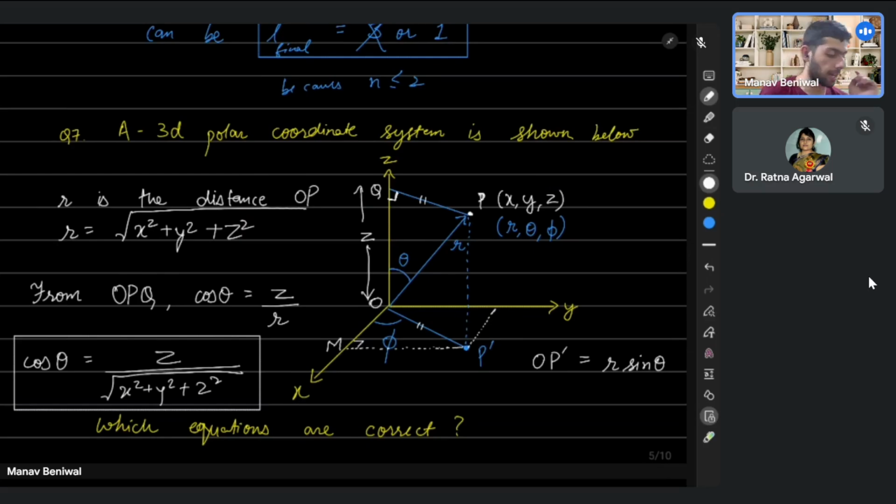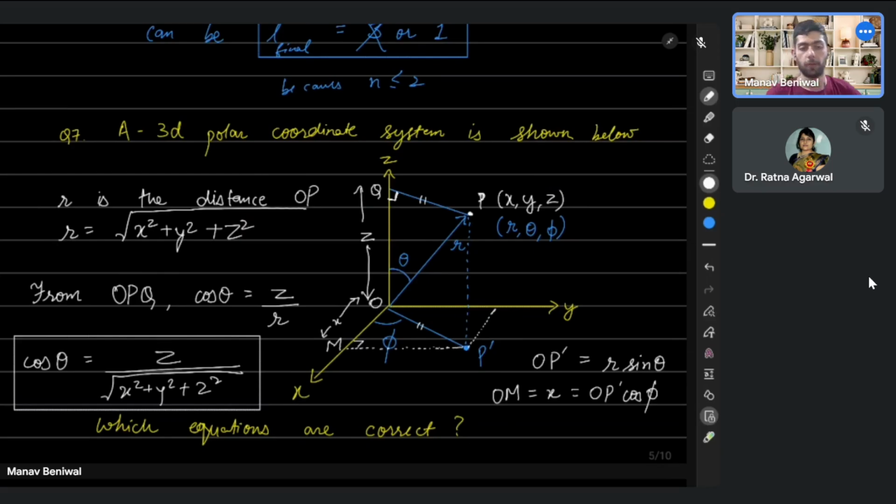So from the triangle MOP prime, what we will get is that our OM, which is nothing but x, this distance is x, we can write as OP prime cos phi.